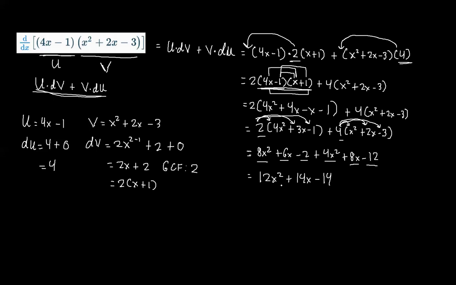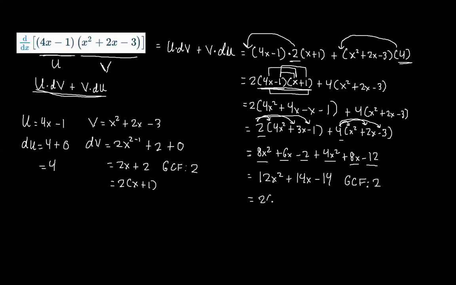This is the same as what we had before. So we can now simplify this one by factoring. The GCF of this polynomial is simply 2, because these terms, 12x squared, 14x, and negative 14, as I mentioned earlier, are all divisible by 2.